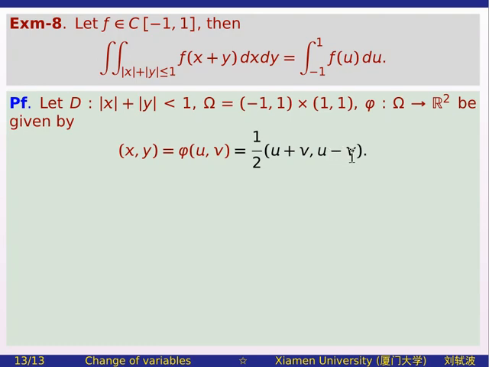You will see that this phi maps Omega onto D. So phi is a diffeomorphism. Both Omega and D are open, therefore it makes sense to talk about whether a map between them is a diffeomorphism.